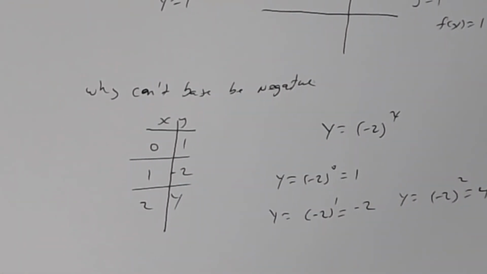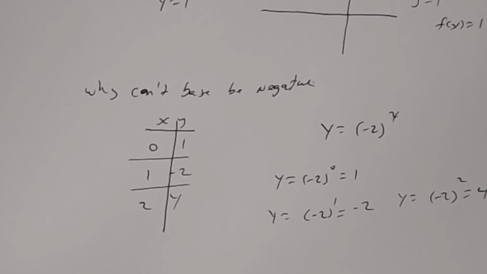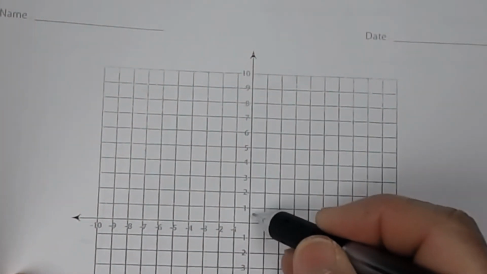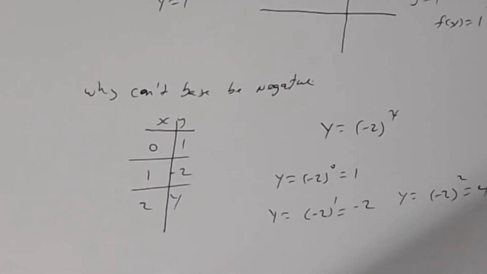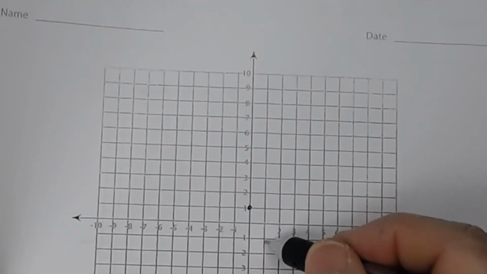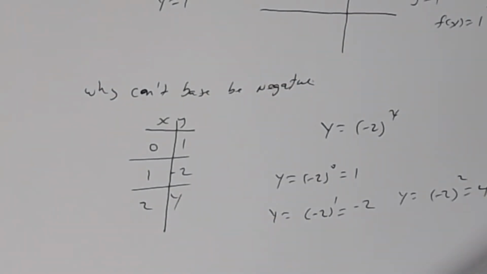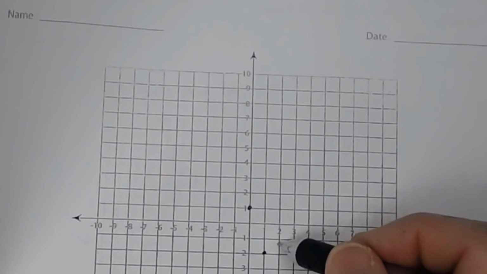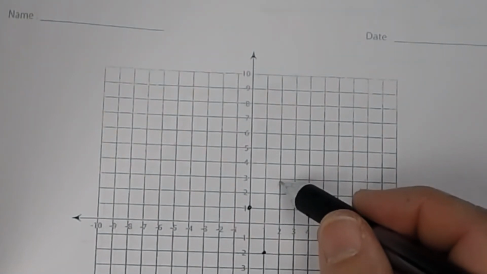So notice, as I graph this, I want you to notice something. You have 0, 1. You have 1, -2 right here. You have 2, 4 right here.